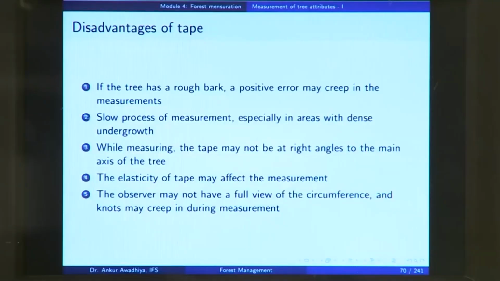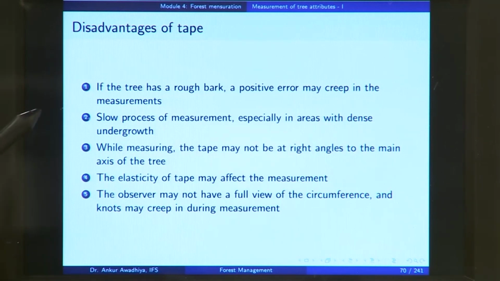So, the measurement in the case of an area with dense undergrowth becomes very slow, because you have to either clear this undergrowth to move around this area, or you need to traverse this undergrowth, and both of these processes are very slow, and both of these are also very risky, because there might be certain reptiles creeping inside.